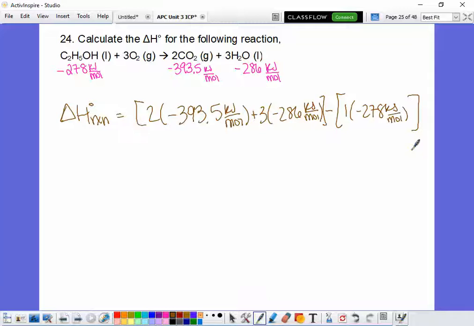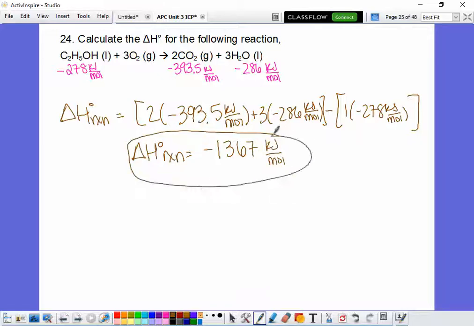So when you do that, what did you get as your delta H of reaction? You should have gotten negative 1,367 kilojoules per mole.